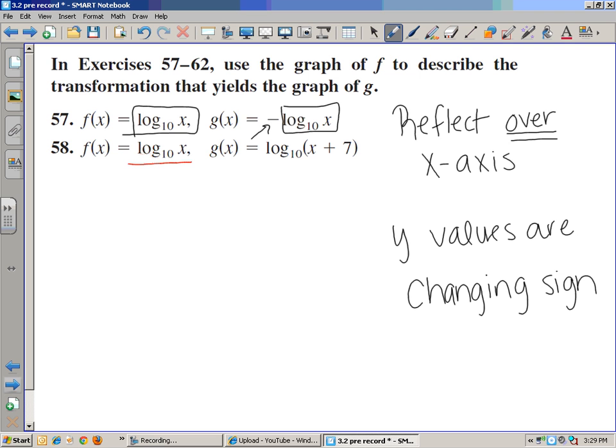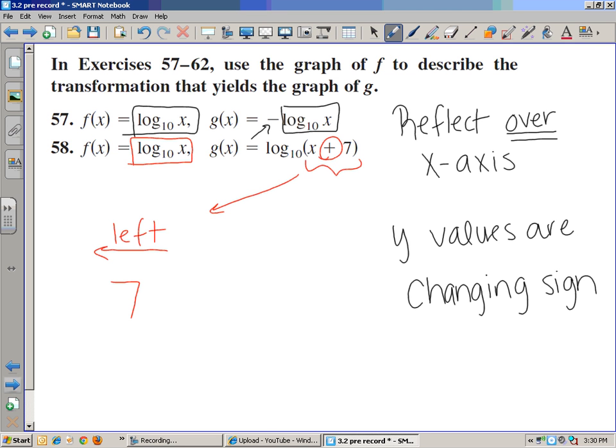Now this is the parent function that we're looking at. How would this move my graph? So think about it. Inside is opposite. So this says my graph is going to go left. How many spaces? 7. Okay? So inside opposite.